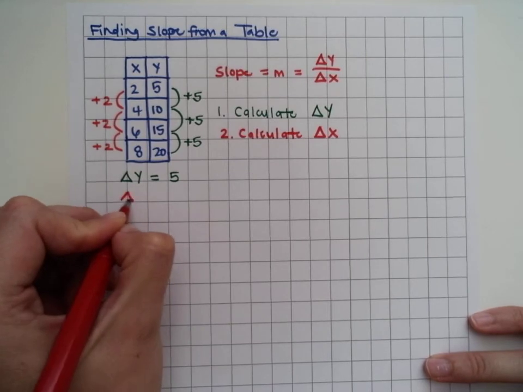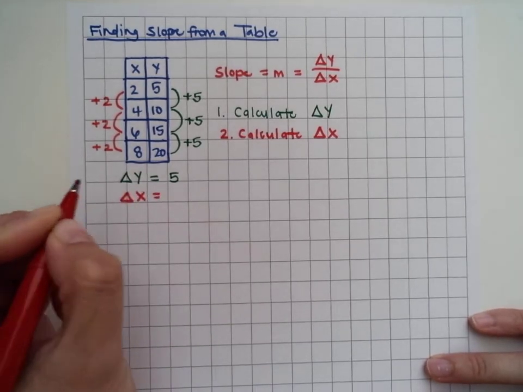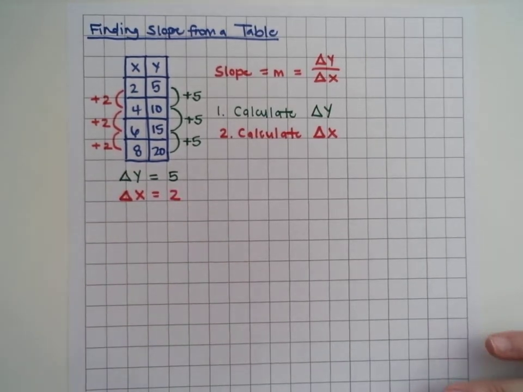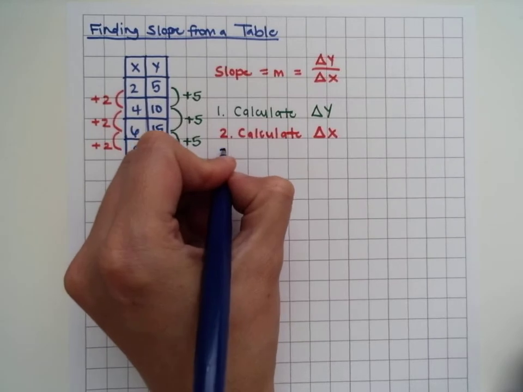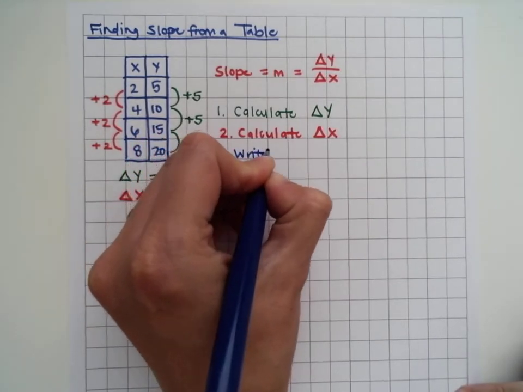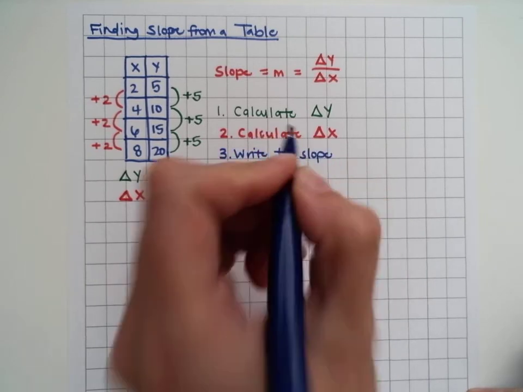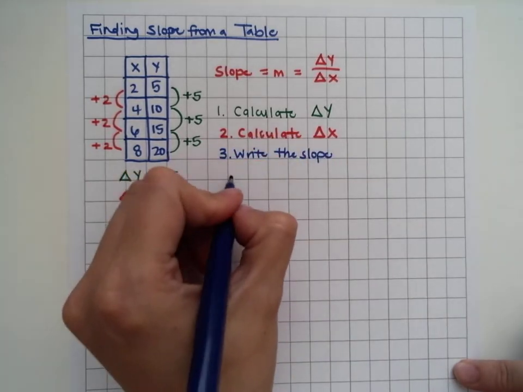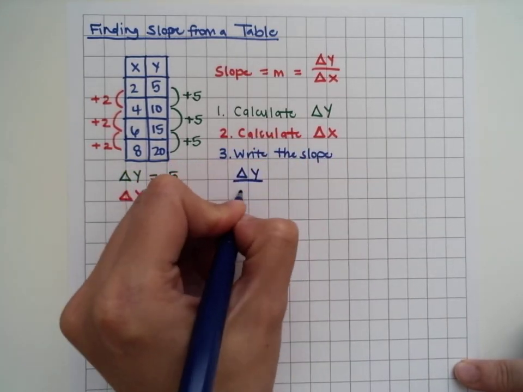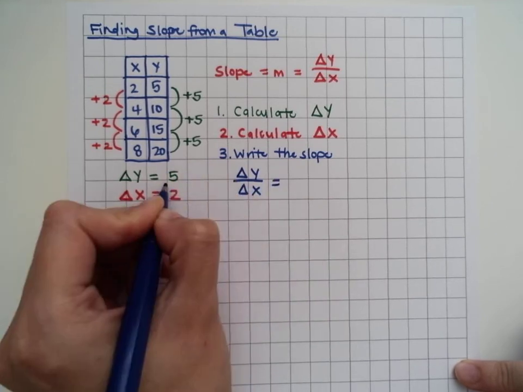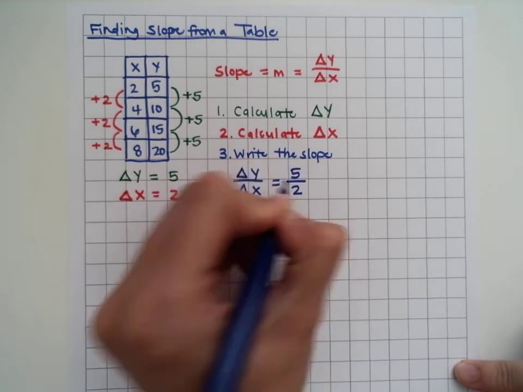So our change in x equals positive 2. So then the last step is we are going to write the slope. So we have the change in y over the change in x, which is 5 over 2.